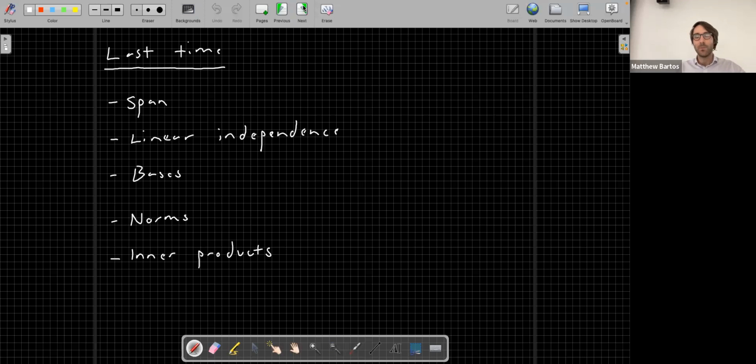And then we also talked about bases. So who quickly wants to just recap what a basis for a vector space is? What does a basis allow us to do? Yeah, so it's a collection of vectors in a vector space that is linearly independent and what else?